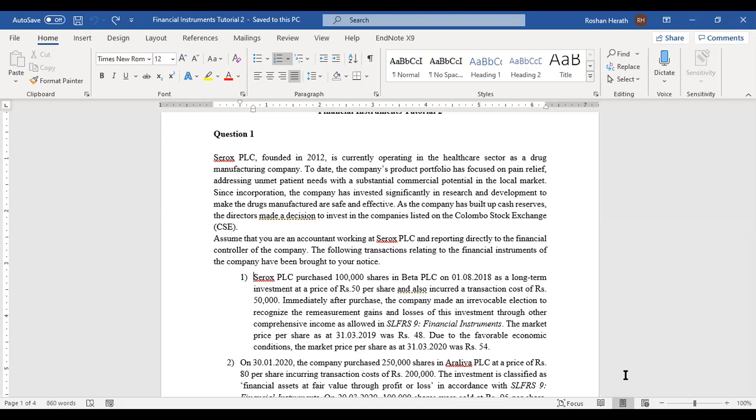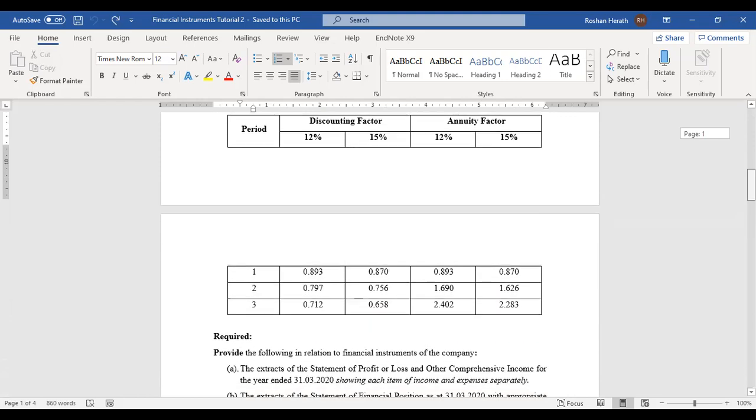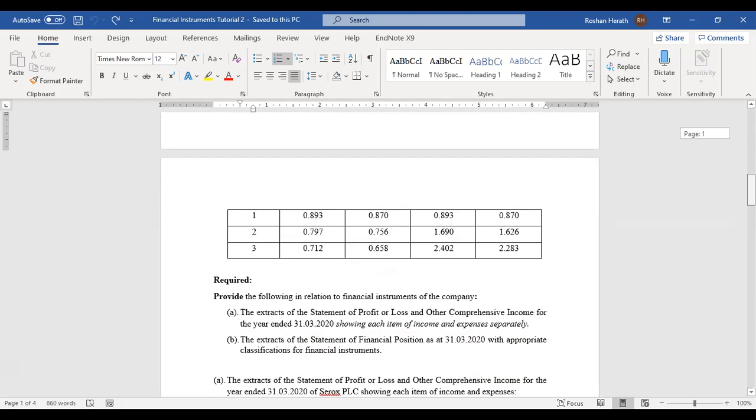The following transactions relating to the financial instruments of the company have been brought to your notice. So there you are given several transactions, and the expectation is to see how those are to be recorded for the year ended 31st March 2020 and as at 31st March 2020.